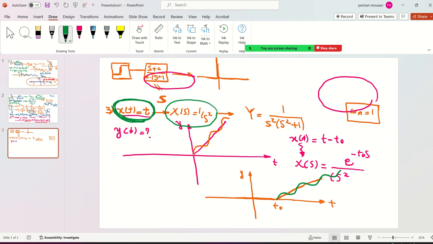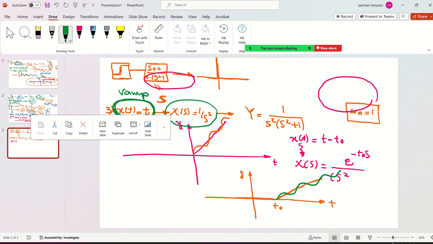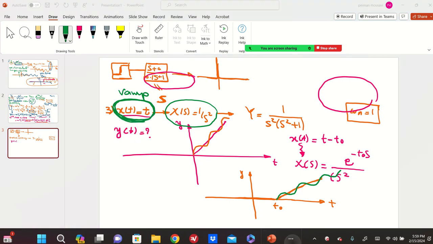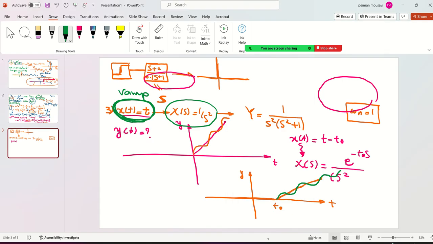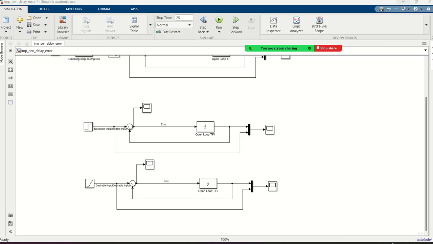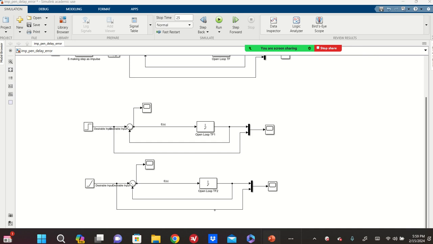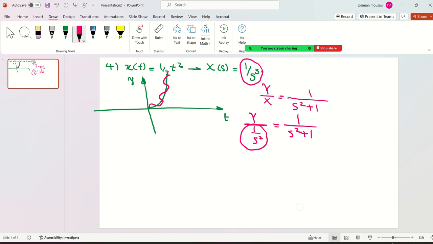This is from ramp. Guys, this is from middle school, not even high school. Okay. So this is ramp. We do have ramp in the Simulink, right?